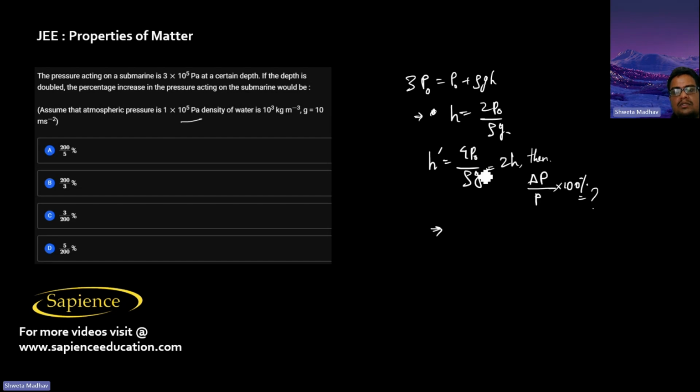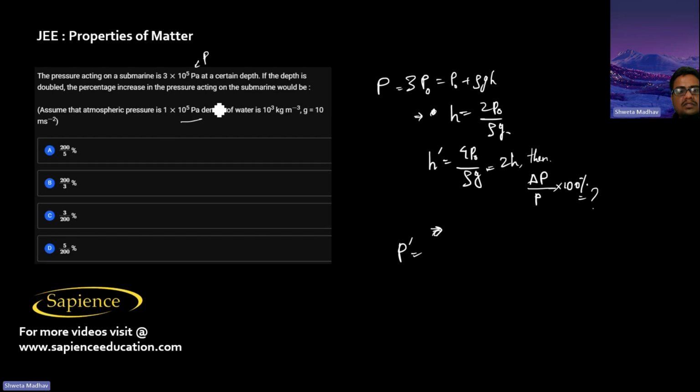So now h dash is this. So therefore now the new pressure. The initial pressure P was 3 into 10 power 5 Pascal at a certain depth.